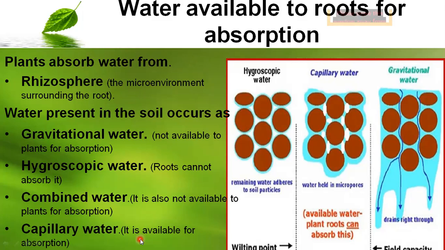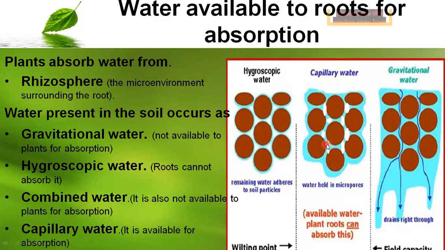Now the capillary water is the only water available for plant absorption. We know the meaning of capillary is the action by which water is taken up in the upward direction, and that is done by the xylem tissue. So this capillary water, we will discuss from the diagram, is held in the micropores of the soil particles.